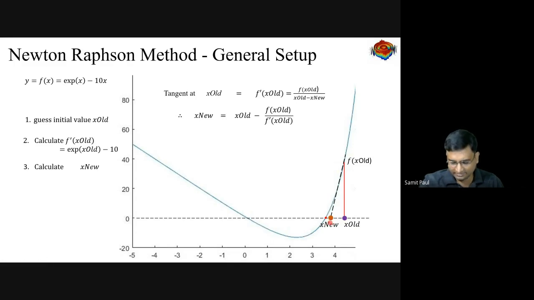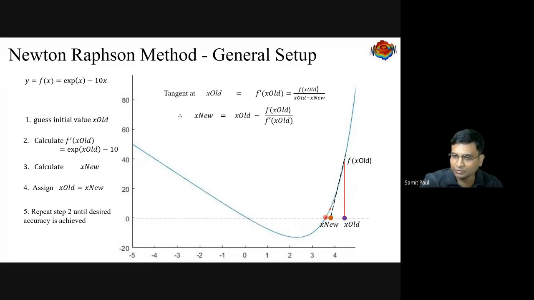Again, if I do the same thing, that is calculate the derivative at x new, that means at this location, if I draw the tangent, and again calculate a new x new, this process will continue and ultimately we will reach very close to the actual root. Okay.